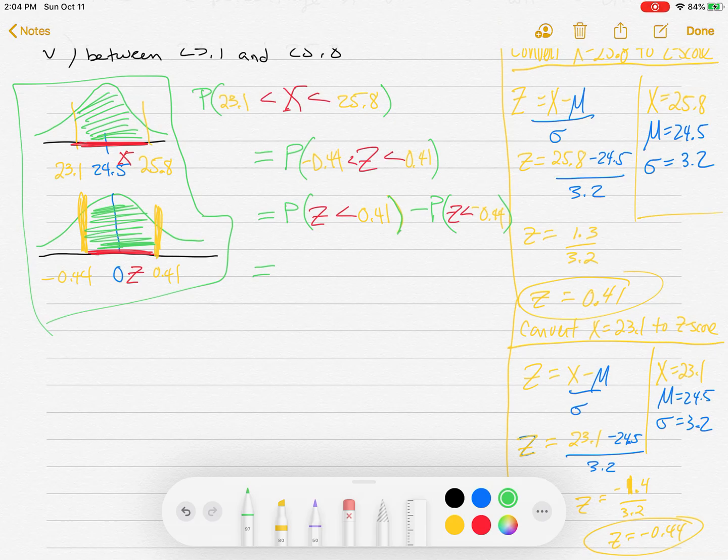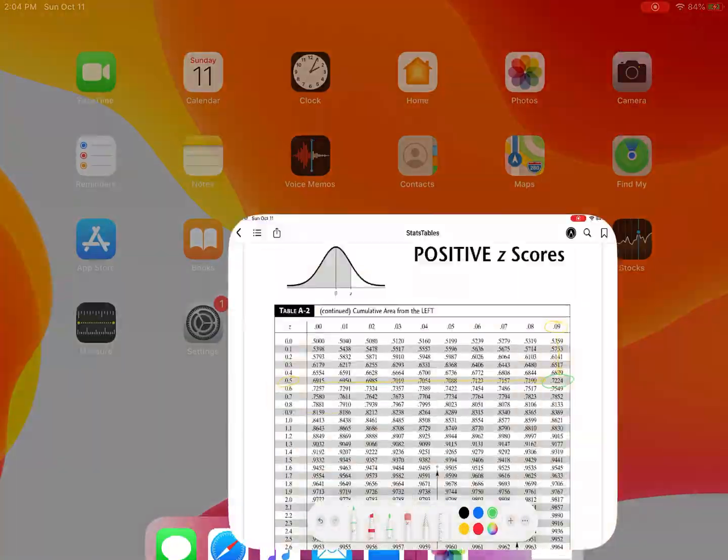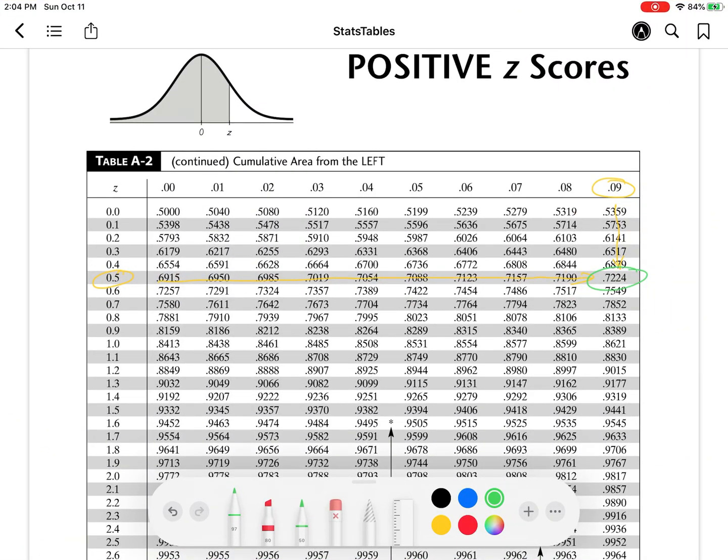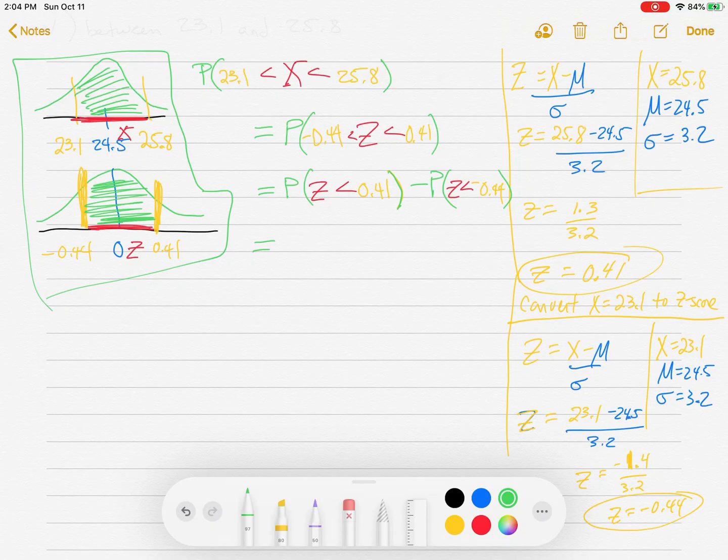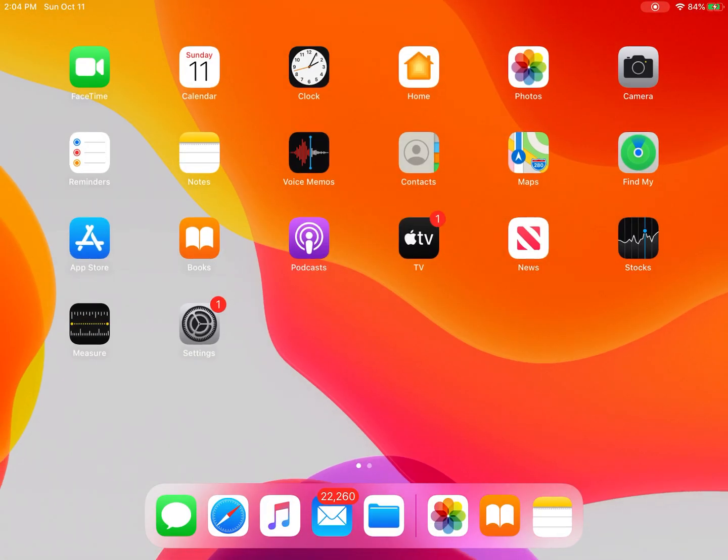So I have to look up 0.41 and write that number down. Then I look up negative 0.44 in my table and write that number down. And I subtract the larger minus the smaller.